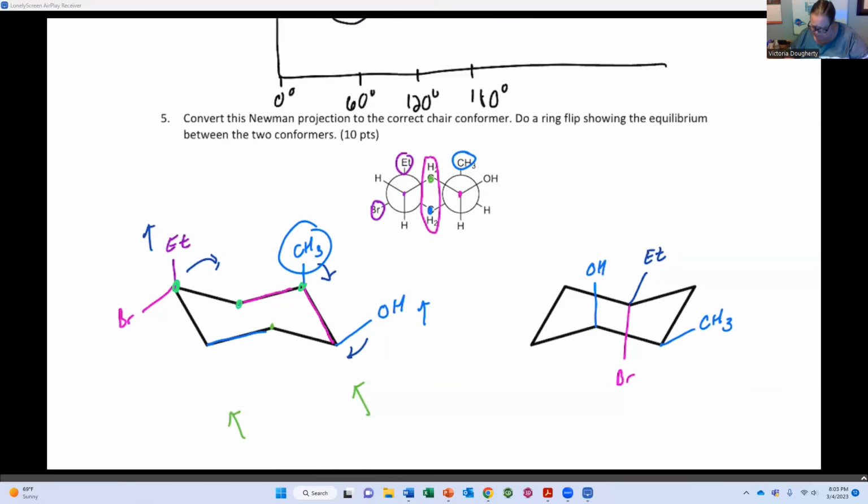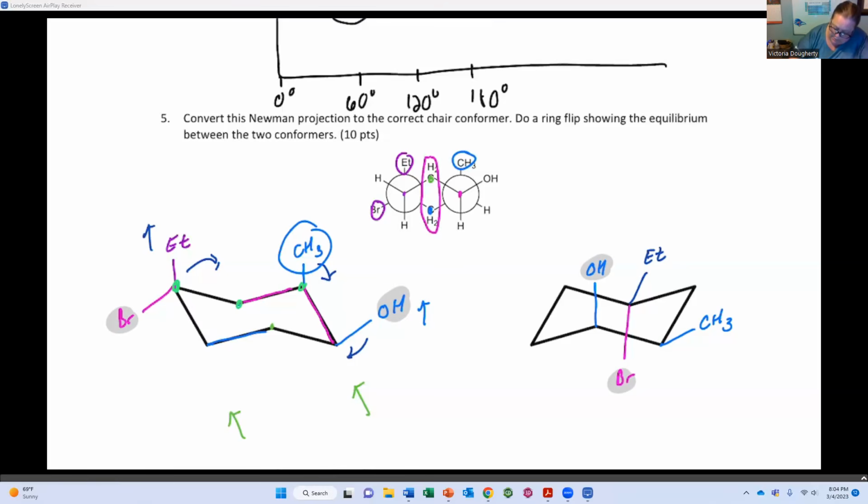Show the equilibrium. Okay, so we're going to ignore these two small groups here, concentrating only on the alkyl groups. And so the bulkier the alkyl group, the more we want it, okay, in the so-called what? Equatorial position to alleviate the 1,3 diaxial interactions.